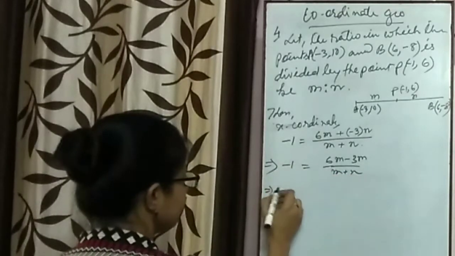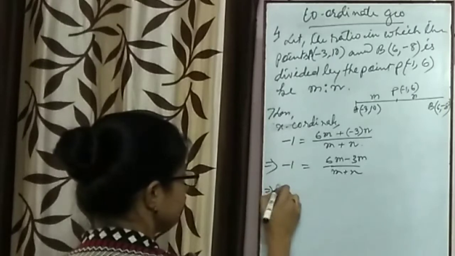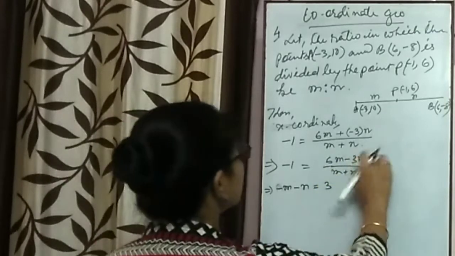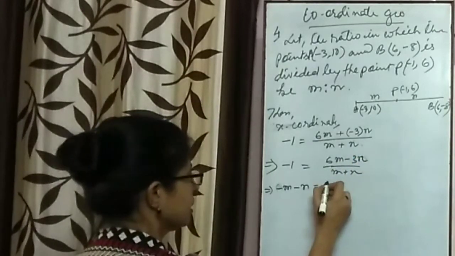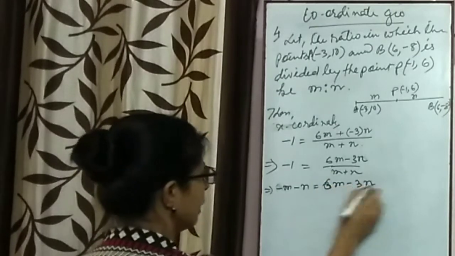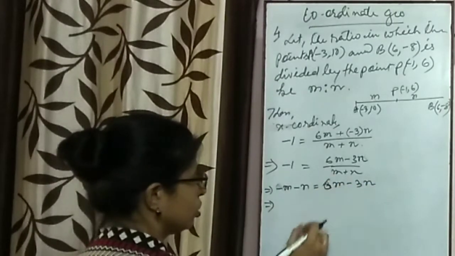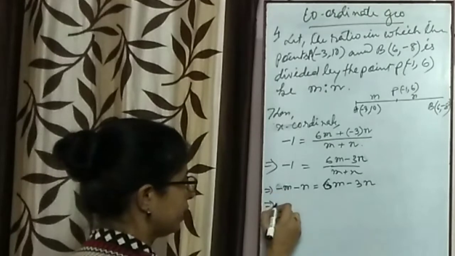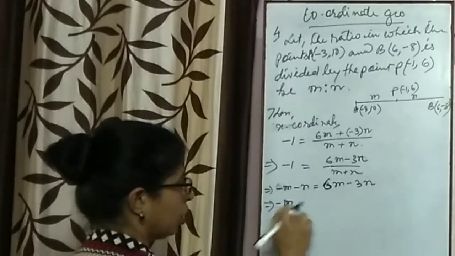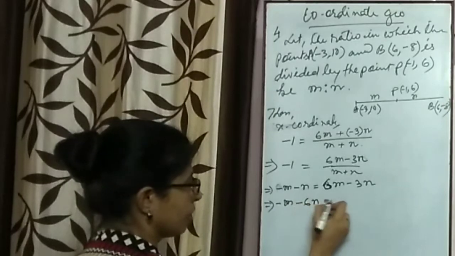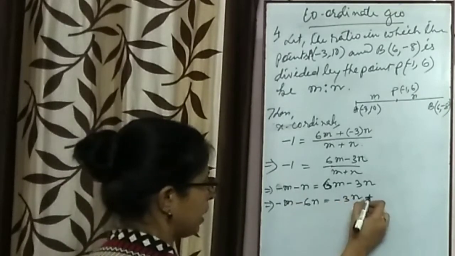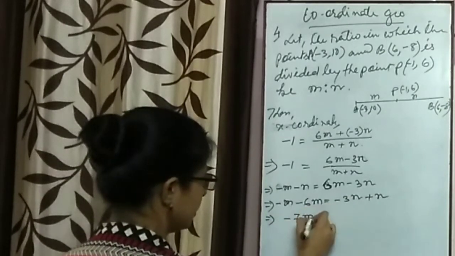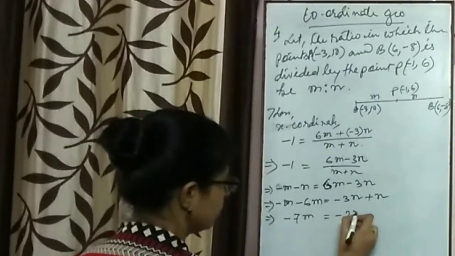So by m plus n, if you multiply, minus m minus n, and here it is 6m minus 3n. Now you collect the like terms together, minus m, minus 3n and n plus n. Here it is minus 7m and here minus 2n.